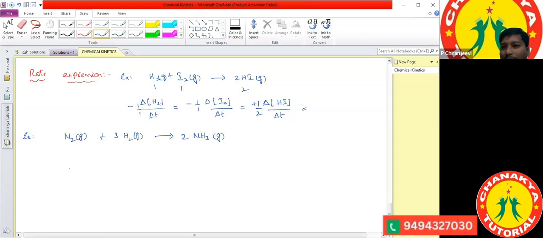Any one of you? How can we write this one? I will give some JEE questions also, based on this.